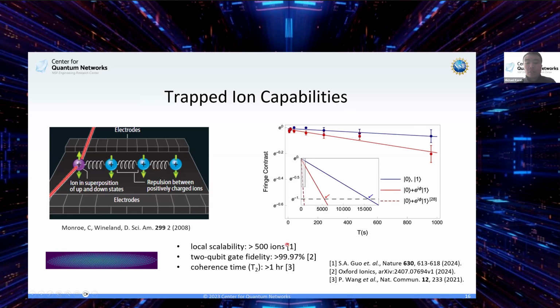Long coherence times have been demonstrated in hyperfine qubits, which are more robust to magnetic field noise than Zeeman qubits. This particular hour-long coherence time was demonstrated in ytterbium-171. Finally, the state-of-the-art number of trapped ions in a single trap is about 500.